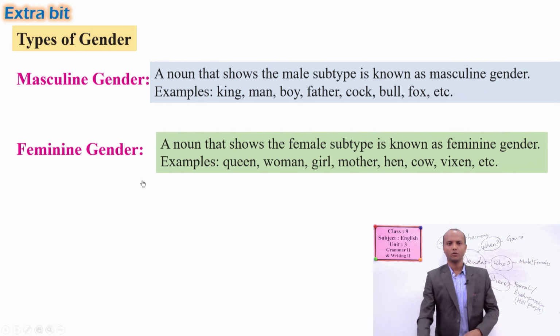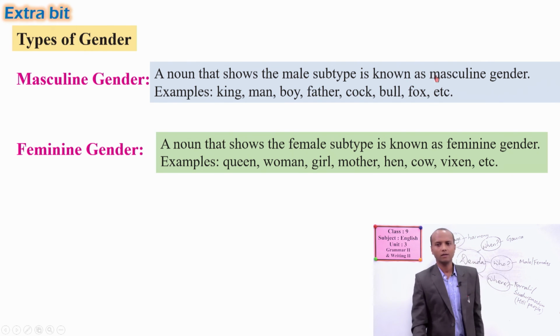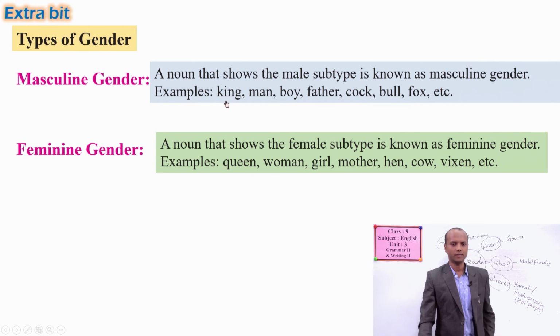Okay, so you can see a noun that shows the male subtype is known as masculine gender. For example, king, okay, having male characteristics, you can say man, boy, father, cock, bull, fox, etc.